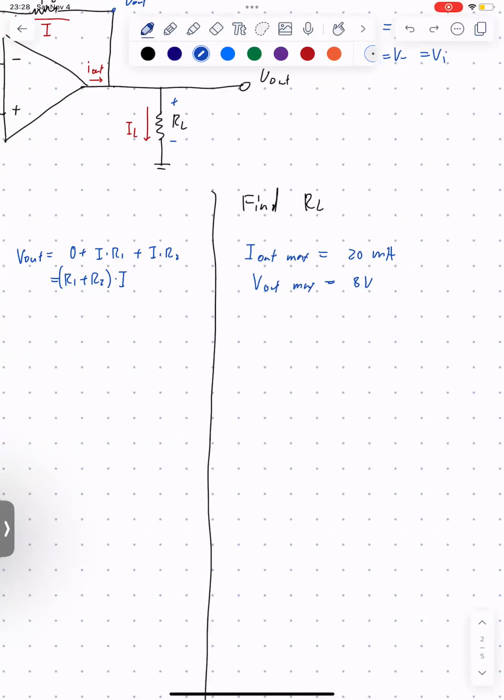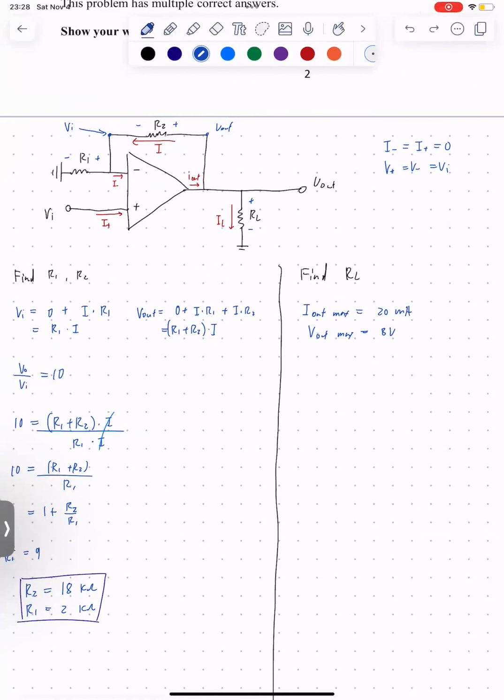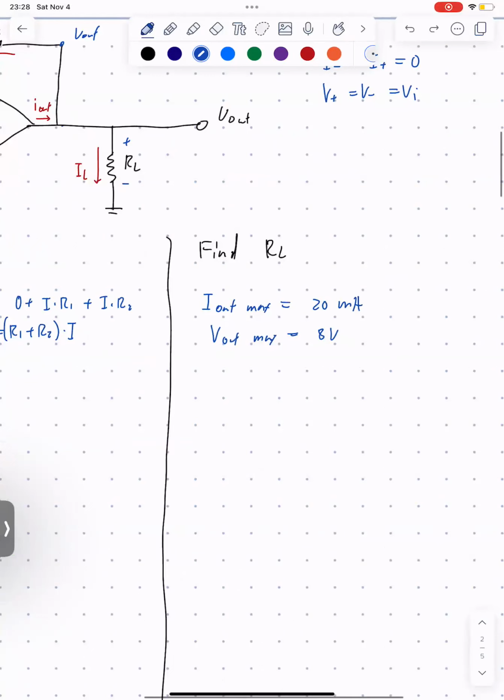Our goal right now is to find the positive maximum case. So now we want to find an equation where we can express RL, I out, V out max, V out, and V in. Sorry, I forgot V in max.